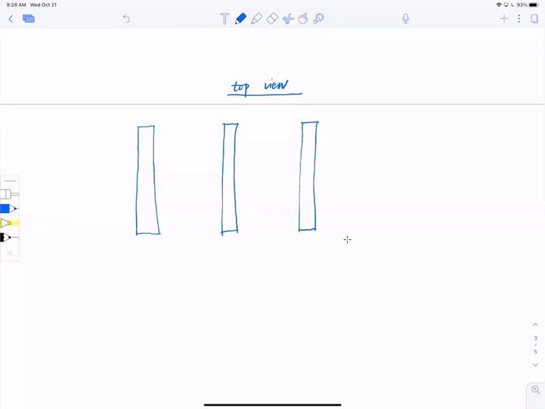Now, on top of that, I also have a beam going this way. The dashed line means these short beams are sitting on top of it. I also have a beam on the edge, and a beam that goes on the side here.